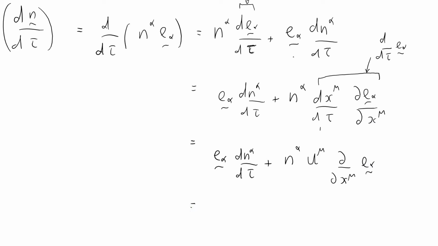which equals, well, we can use the definition of the Christoffel symbol here. So it's e alpha times some stuff in brackets, and what have we got? We've got this term here, dn alpha by d tau. We've got an n plus n alpha. We've got a u mu here, and we've got a Christoffel symbol. Oh dear, now let me just get this straight. It's contracted on the top, and what have we got on the bottom?